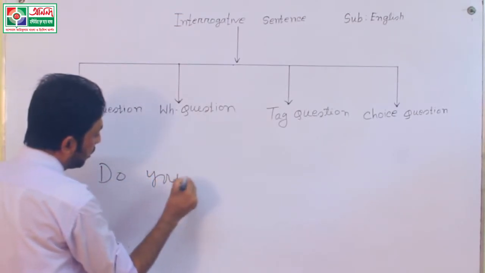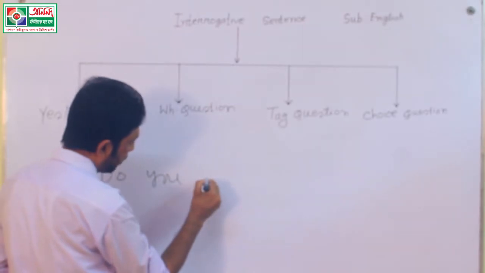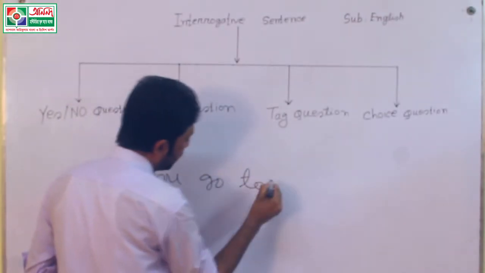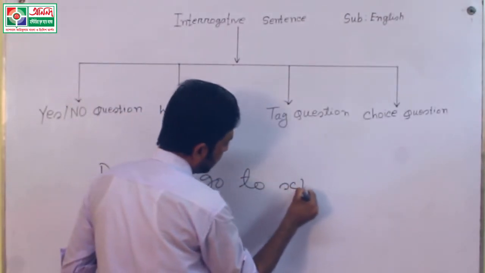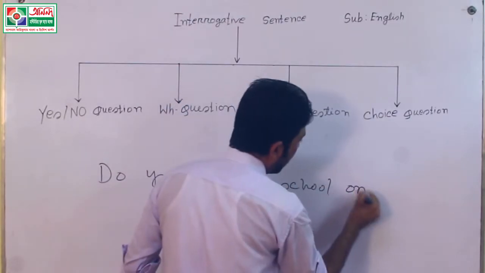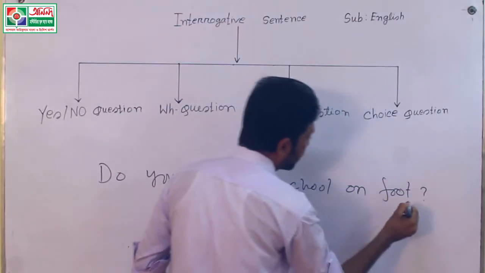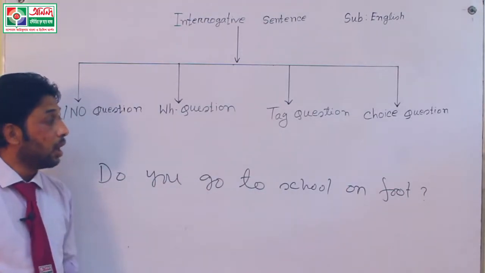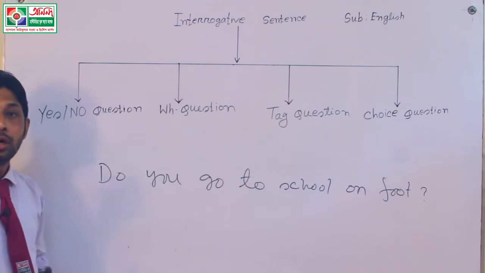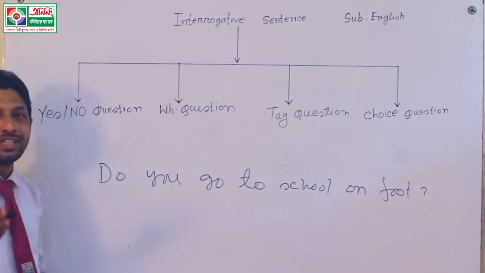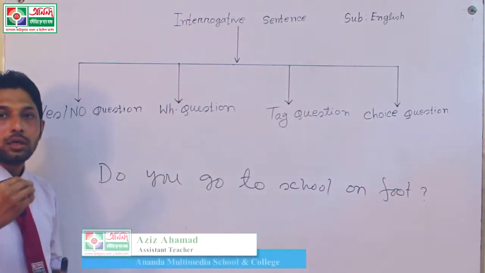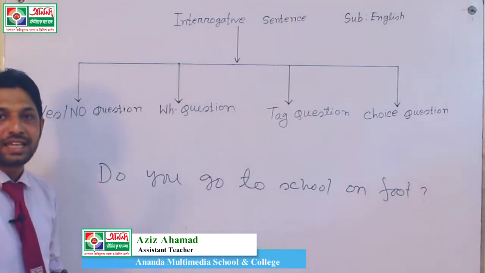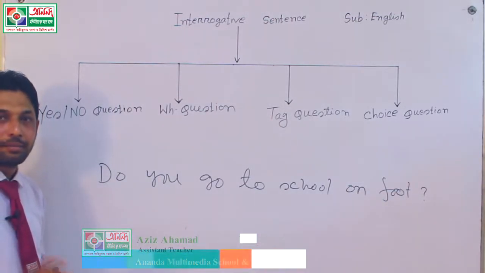Do you go to school on foot? I am asking you again, do you go to school on foot? If you go to school on foot, you will say yes, otherwise you will say no. Is that clear, my dear students?